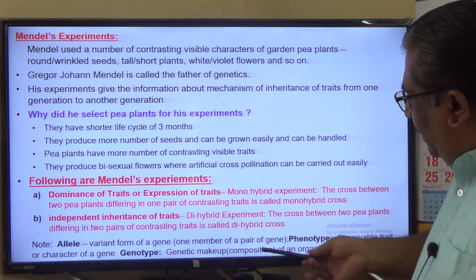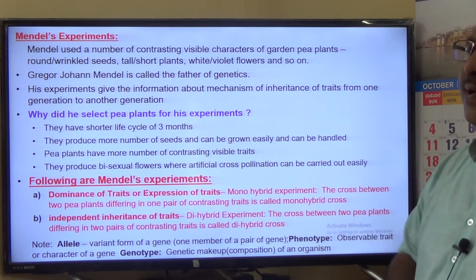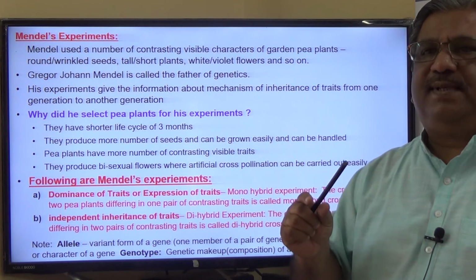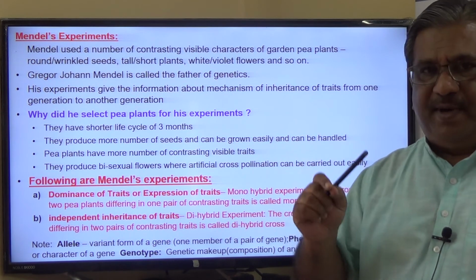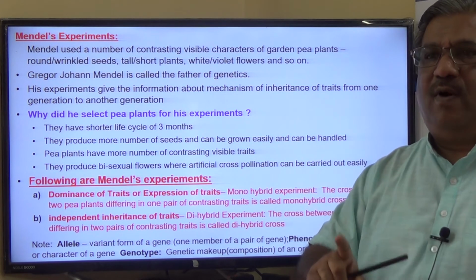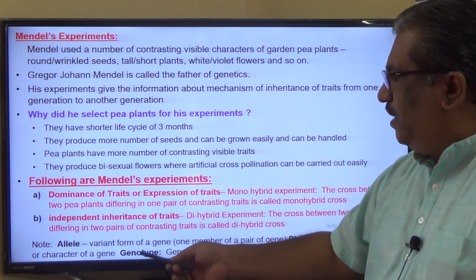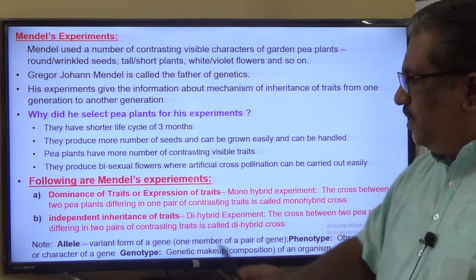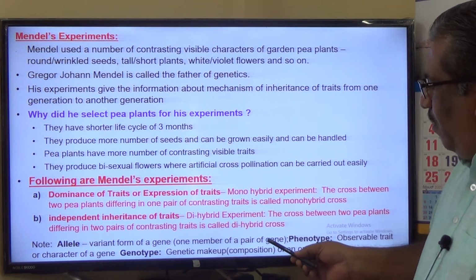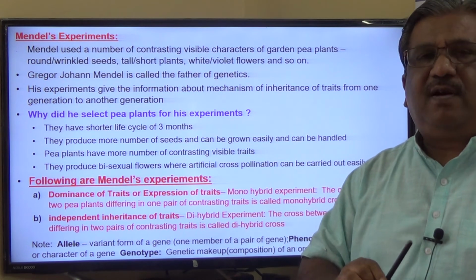Now, a couple of things are there here. What is an allele? Say for example, if a particular trait tallness is represented by capital T and capital T, in that case each individual T is called an allele. That means an allele is a variant form of a gene, or in simpler terms, one member of a pair of genes that decides a particular trait or character.